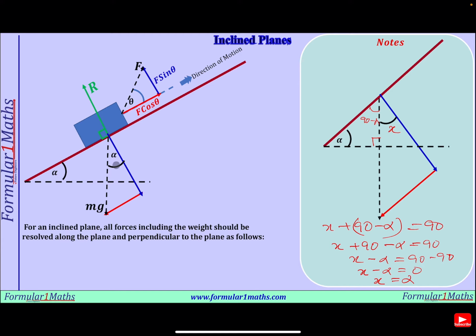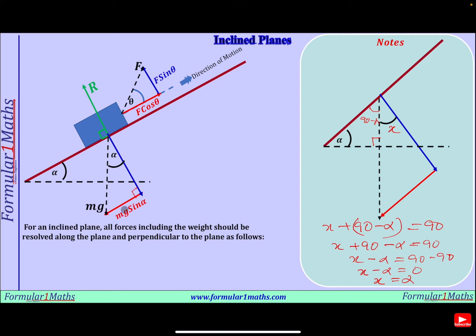So now that we've got the value of this angle, we can resolve the weight into mg sine alpha, because remember, this is opposite the angle, and the opposite side of a right angle triangle. By the way, this is a right angle triangle because this is 90.